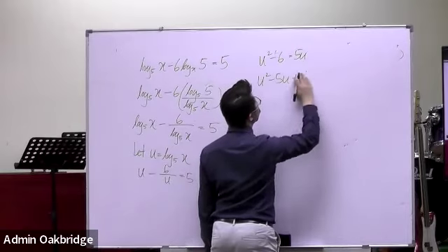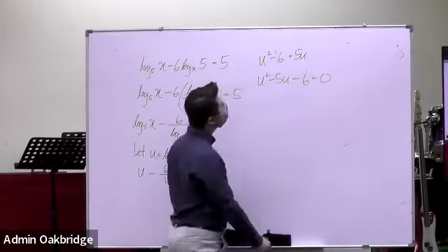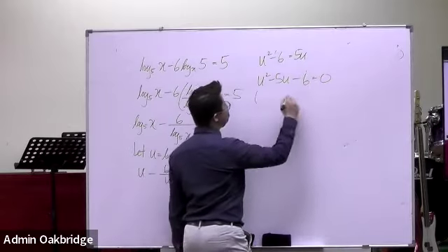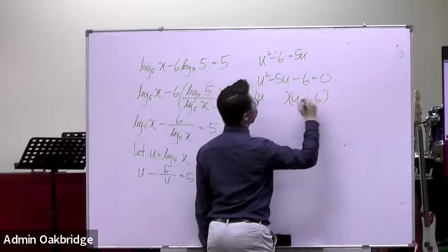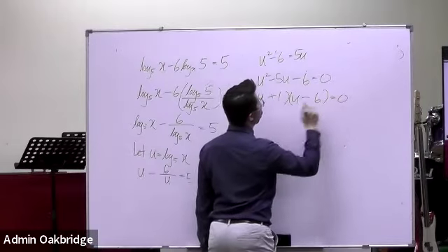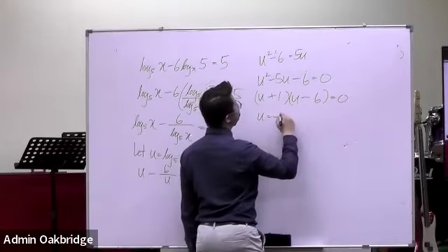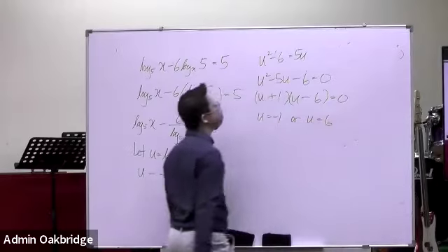This is still minus 6, equal to 0. Start to do the factorization. Plus, minus. So u equals -1 or u equals 6.